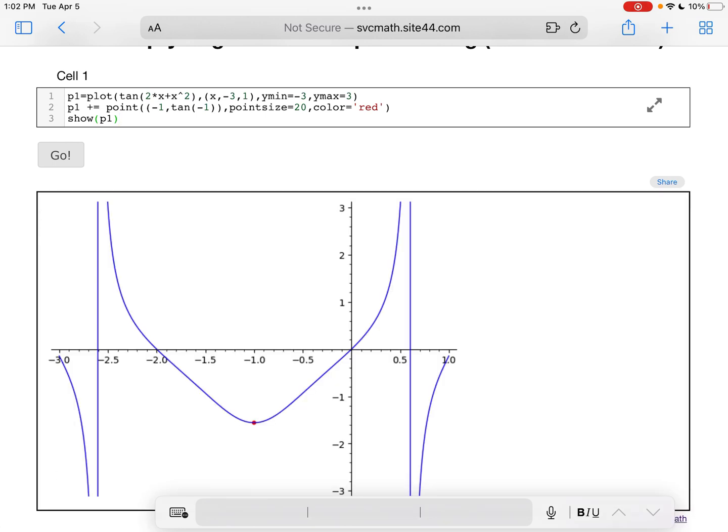And there it is. There we have a little tiny minimum right at -1, tangent of -1, and we've solved our problem.